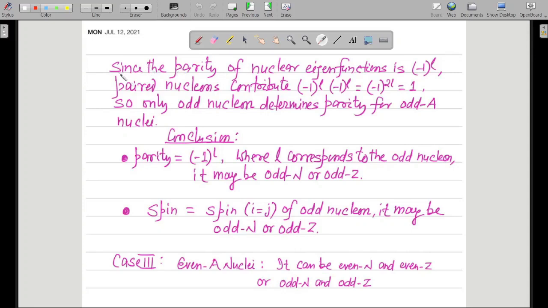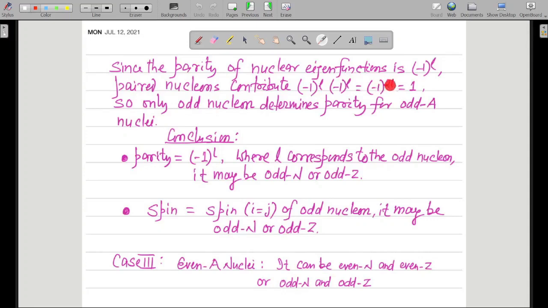So since the parity of nuclear eigenfunction is minus 1 to the power L, what will the paired nucleons contribute? The paired nucleons will contribute a product of eigenfunctions, right? Nucleons are moving independent of each other. The eigenfunction of one nucleon is minus 1 to the power L, the eigenfunction of another nucleon is also minus 1 to the power L. So the total will be minus 1 to the power 2L, by the laws of indices. 2L is even, since anything multiplied by 2 is an even number.